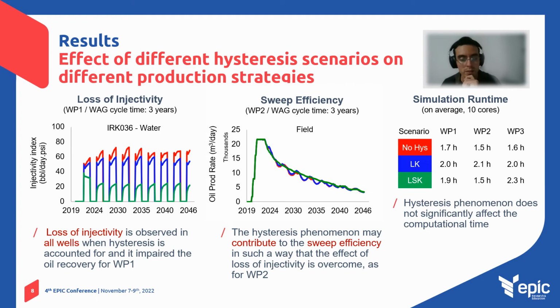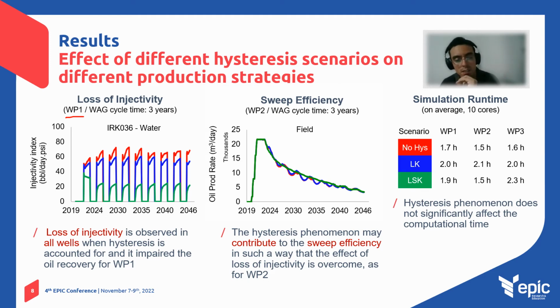Now about this trade-off between loss of injectivity and sweep efficiency. The loss of injectivity is observed in all wells when hysteresis is accounted for, and this effect impaired the oil recovery for WP1. In this figure, we see that the green curve relates to the LSK.